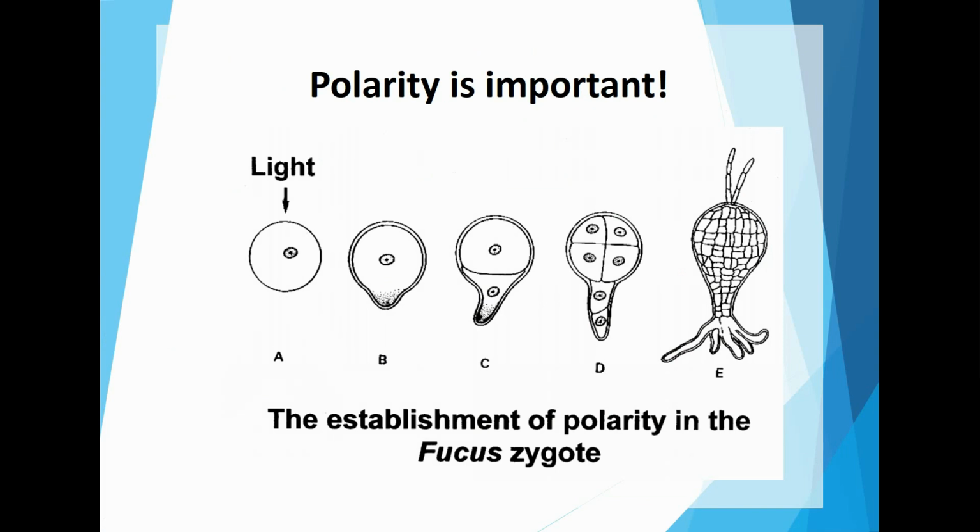Remember, when you're looking here at this stage, you've got this idea that the light and the gravity establish polarity. But when you get to D, hormones are released. Hormones are then sent to the genetic codes and say, all right, we officially tell you that this needs to establish the root apical meristem, and this needs to establish the shoot apical meristem.